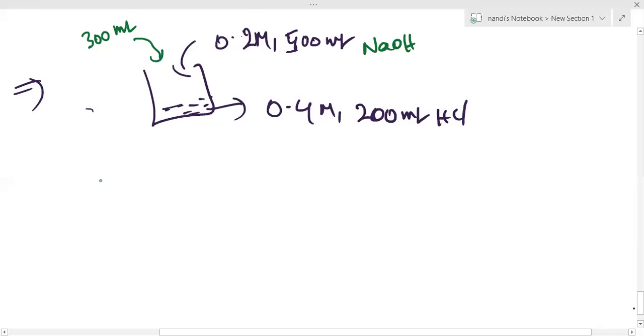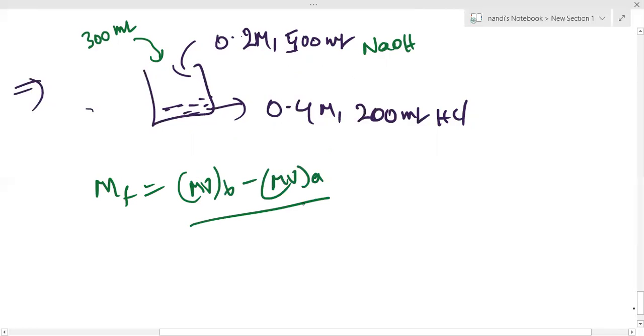Whenever I am mixing solutions, you can take M final equals. Here you can find out which is more, acid or base. You can do the M into V value. Here 100 and here we will get 80. Base is more than acid. So M into V of base minus M into V of acid, by Va plus Vb plus X mL.